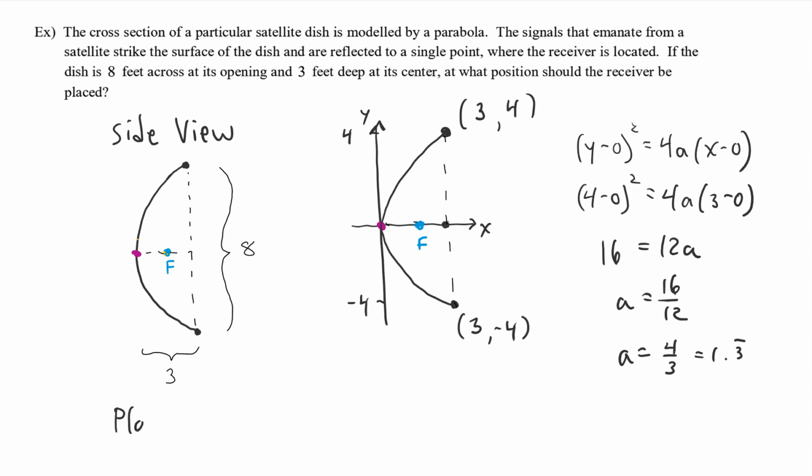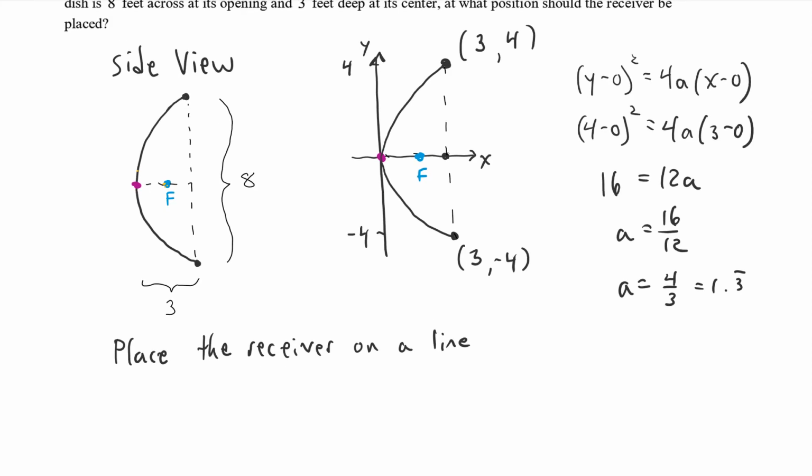So we're going to place the receiver on a line 1.3 repeating feet directly above the lowest point of the dish.